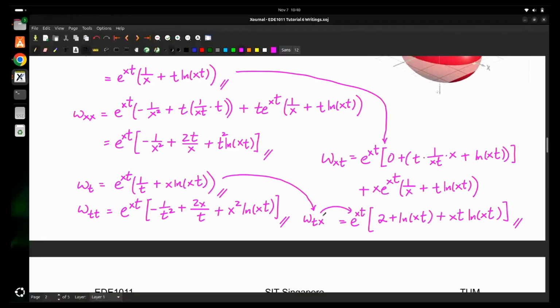As in, for w sub tx, by right you differentiate with respect to t first, then after that you differentiate with respect to x. But then the expression you get in the end will be the same as w sub xt. So unless the question specifically asks you to evaluate both, there is no need to.